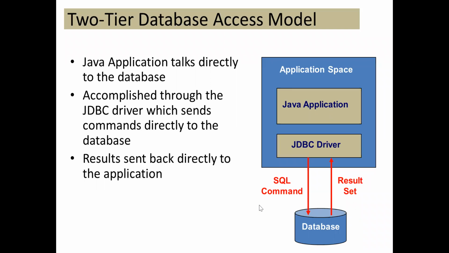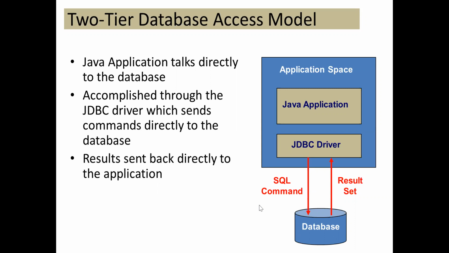In the examination, they will ask you to briefly explain the two-tier database access model and the three-tier database access model. So don't forget this diagram. You should write down the application space containing the Java application, which talks directly to the database.